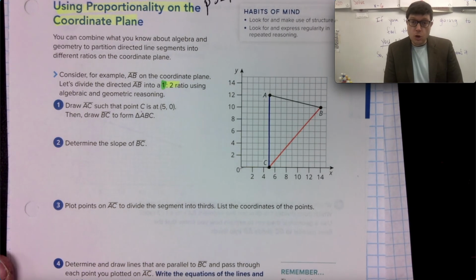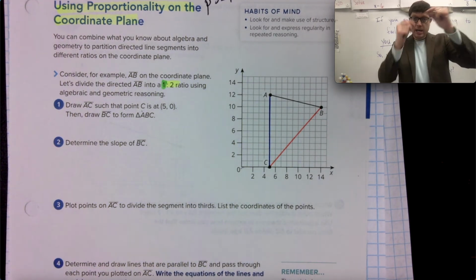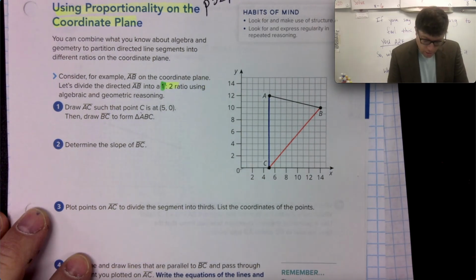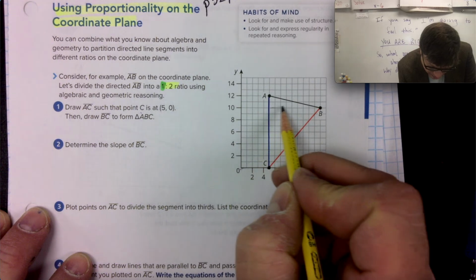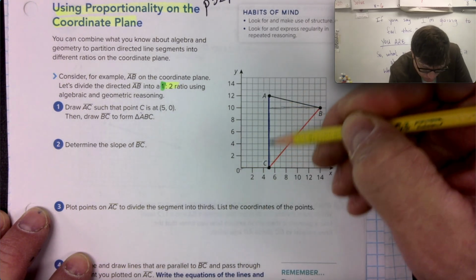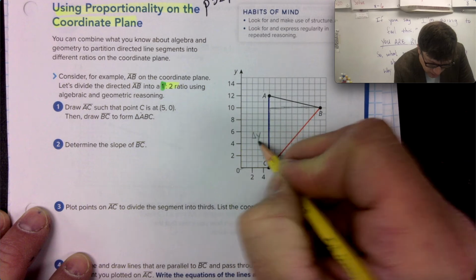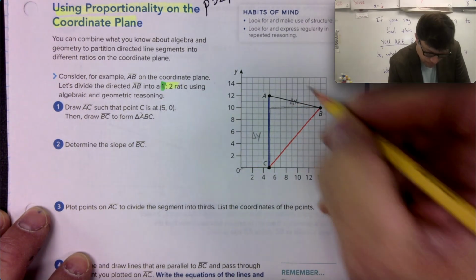Then determine the slope of BC. The way to determine the slope of BC is to count the change in y and then the change in x. So if I maybe use a pencil so it's a light line that I don't have to really focus on, I'm looking at this slope triangle. Delta y, delta x. Make that look like an x. There we go. Better.